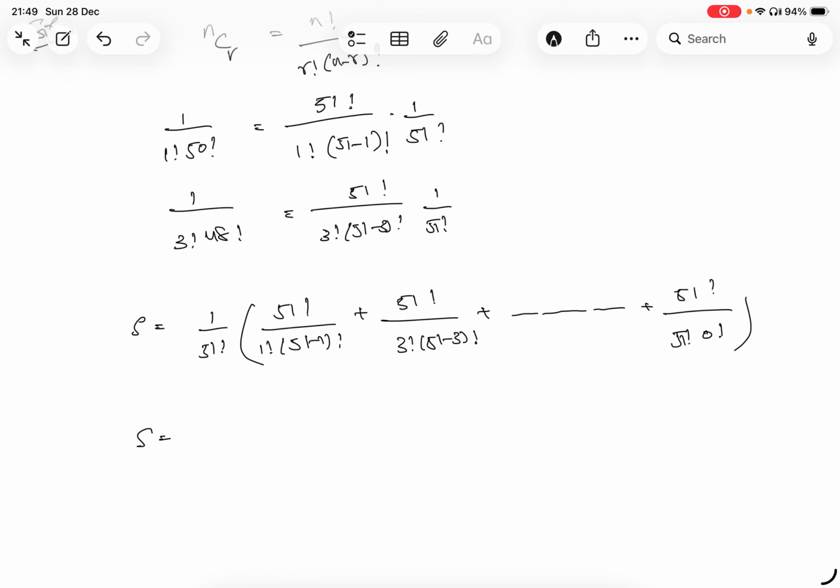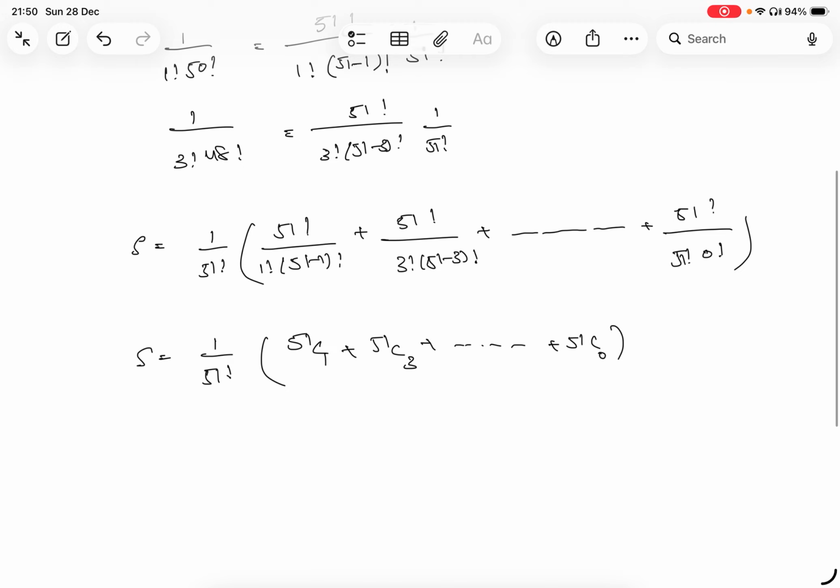Now S becomes 1 by 51 factorial into 51C1 plus 51C3 plus and so on, up to 51C51.